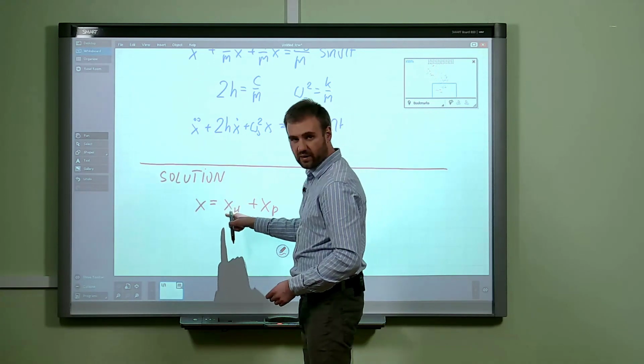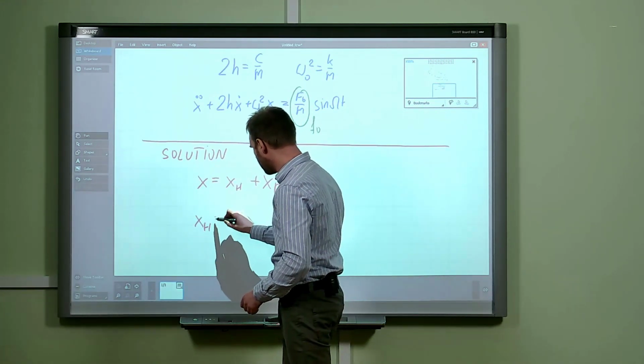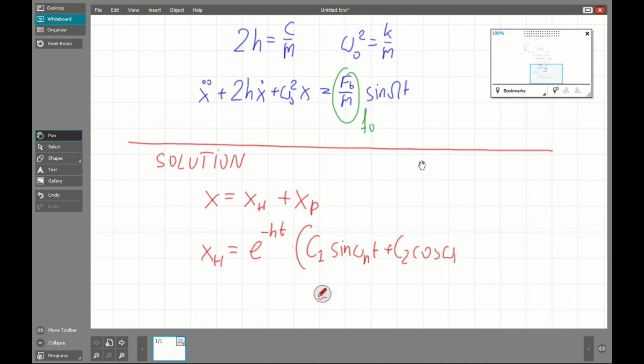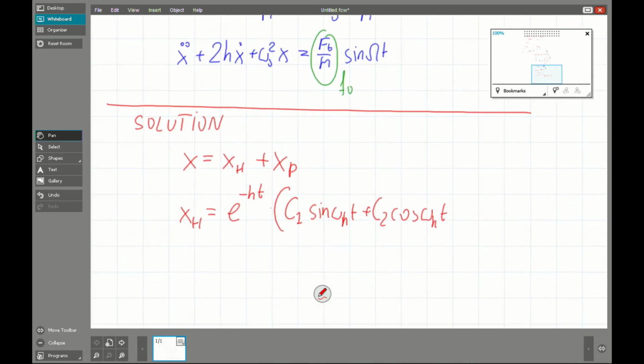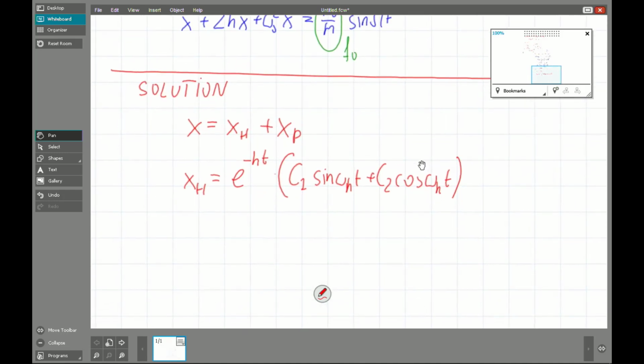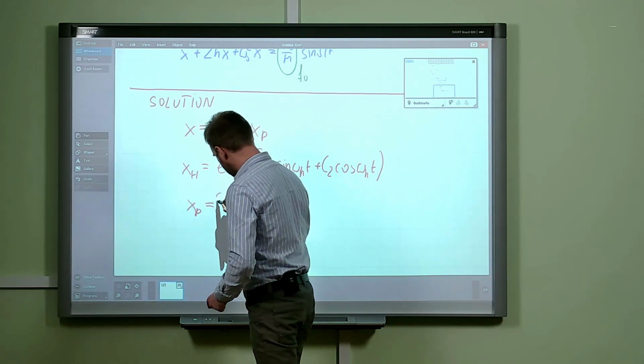The homogeneous part is easy to solve, and last time we stated that it will be approximately exponent of minus h t times C1 sine omega h t plus C2 cosine omega h t. You can check it in our previous video about damped free vibration. As for the particular solution, that is the question.